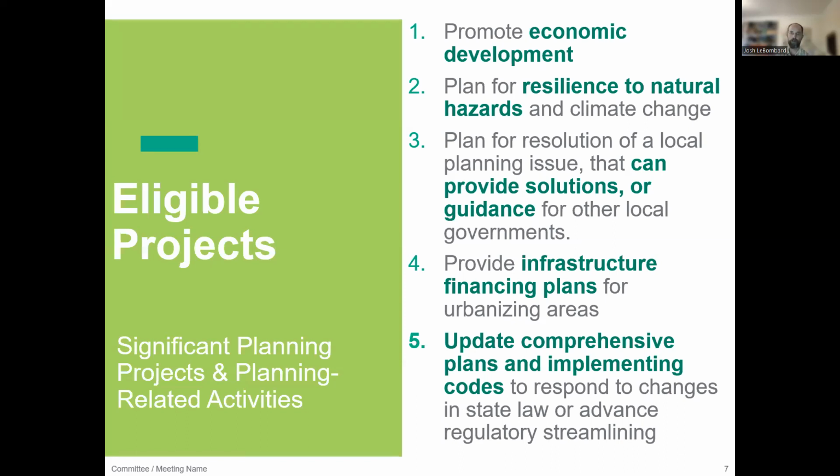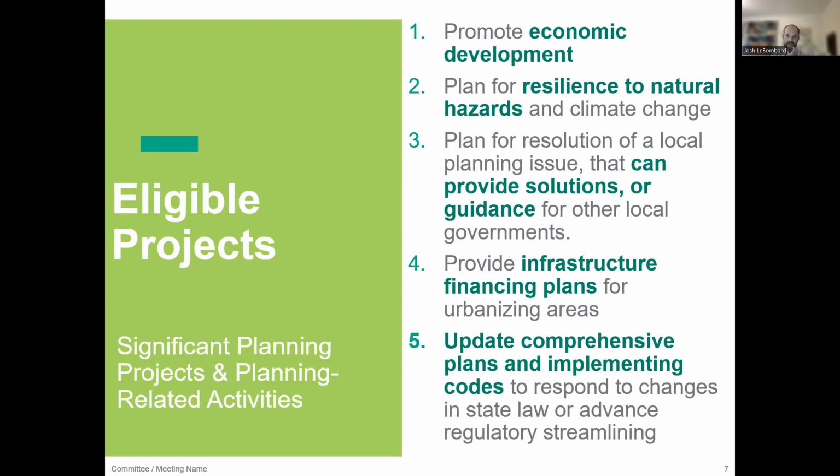The first priority is economic development and promoting economic development. We'll go into and provide a couple examples of what that means. The second one is to plan for resilience to natural hazards and climate change. The third priority is to plan for resolution of a local planning issue that can provide solutions or guidance for other local governments.